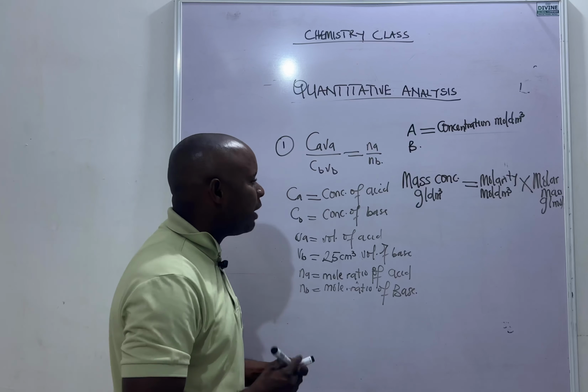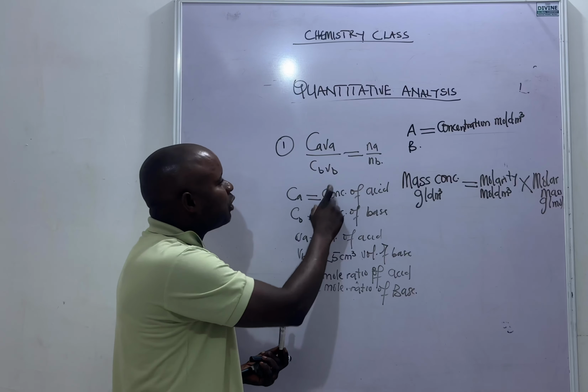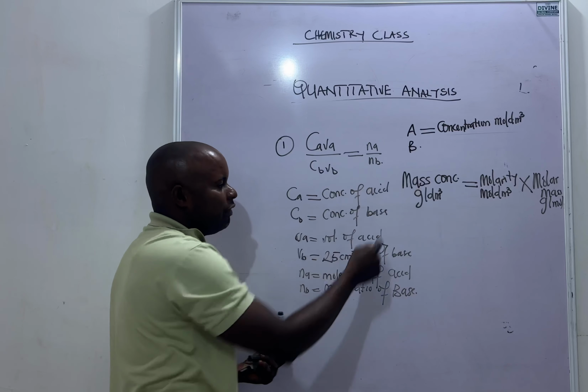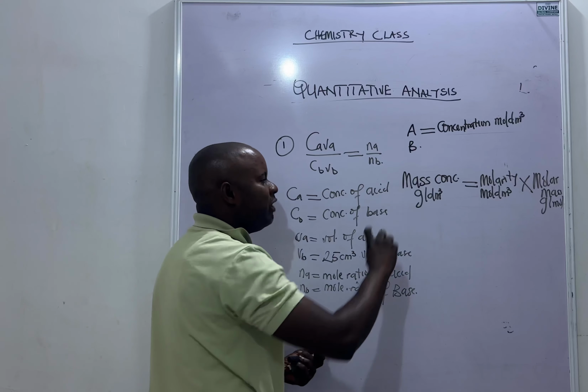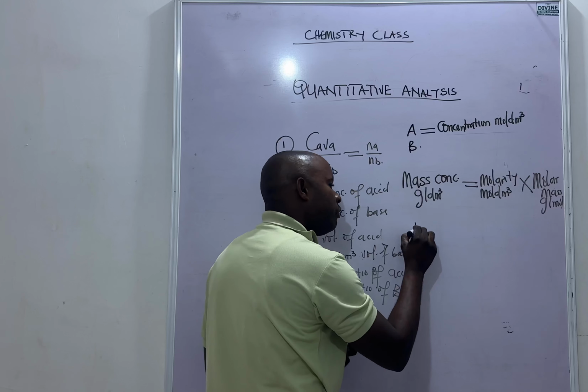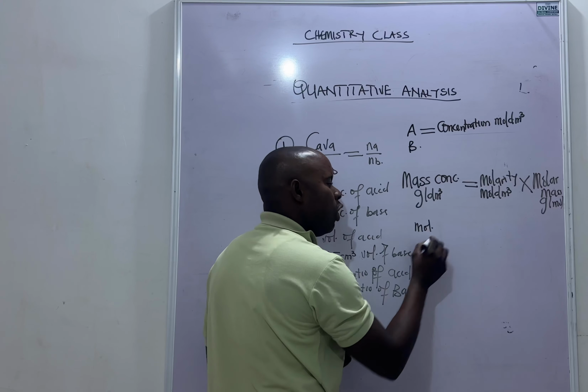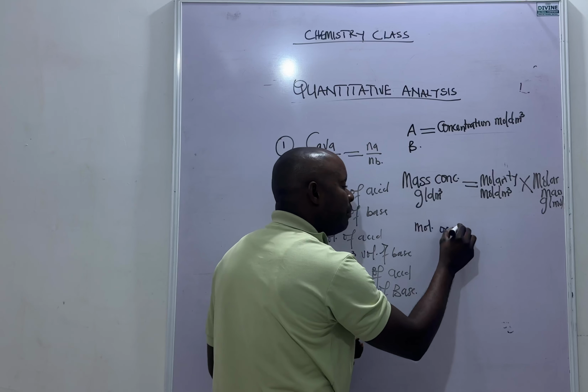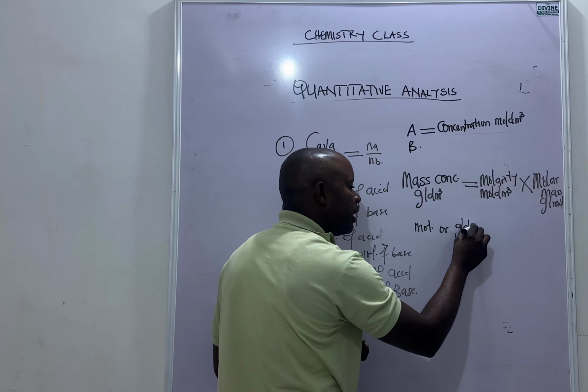So in this aspect, if the concentration of the A or that of the B is not given to you, what will be given to you? The mole of one of them might be given, or the gram per dm cube must be given to you.